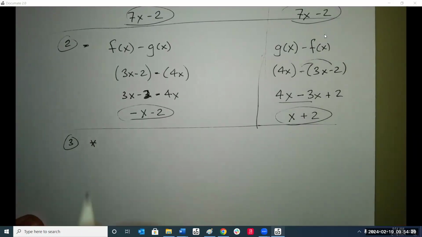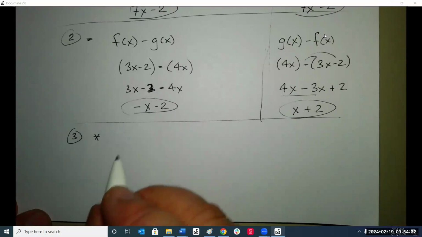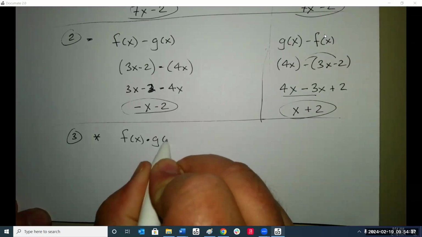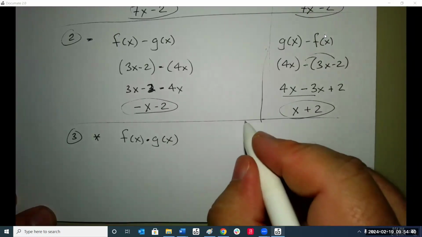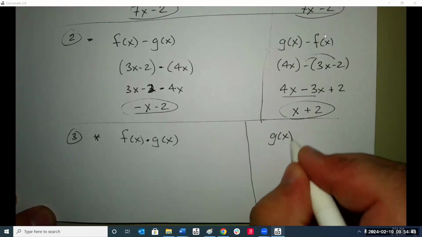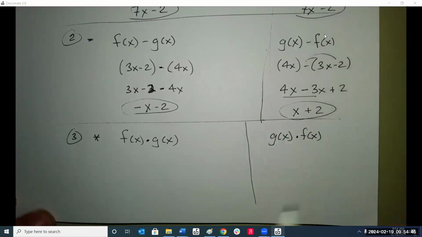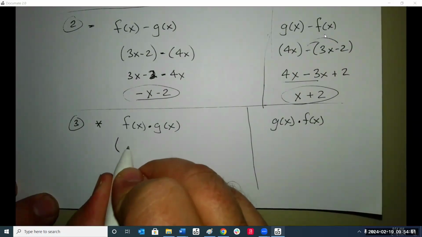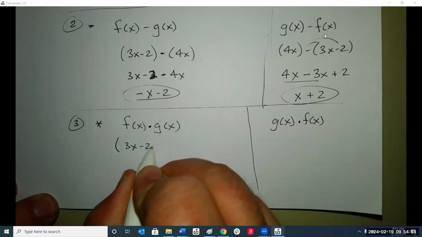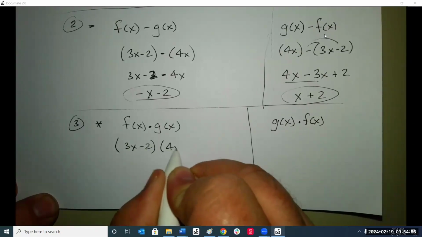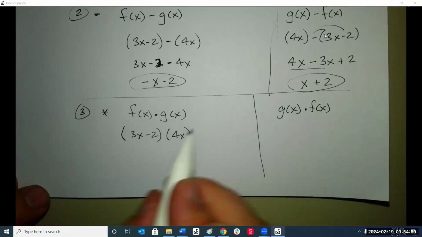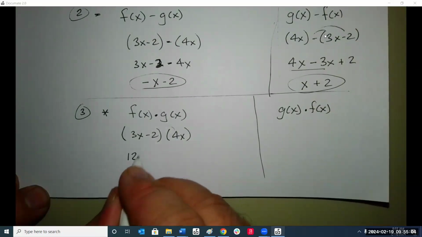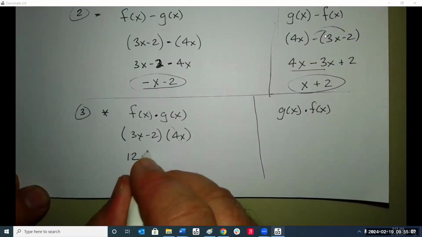Let's try multiplication. f of x times g of x. We will also check out g of x times f of x. As you're multiplying polynomials, f of x is 3x minus 2 times 4x. Distribute. 3 times 4 is 12. x times x is x squared.